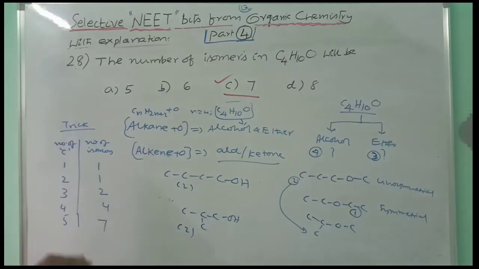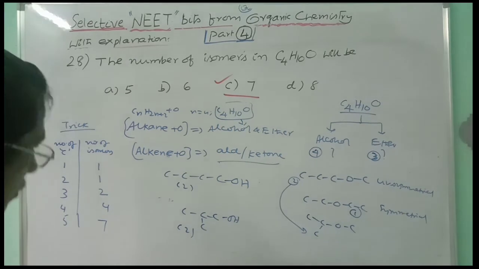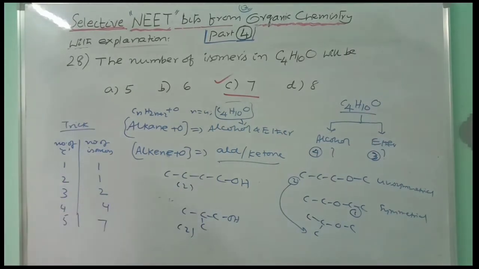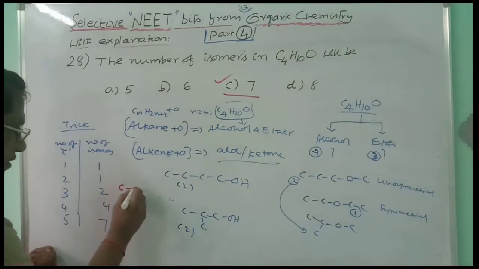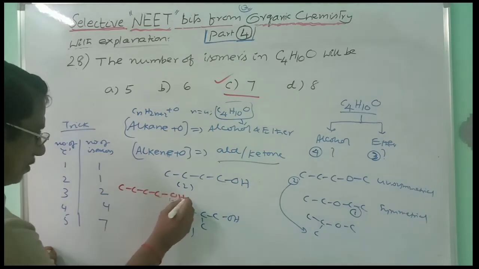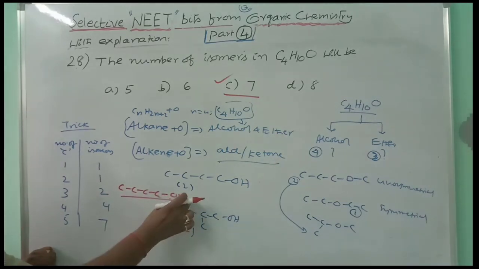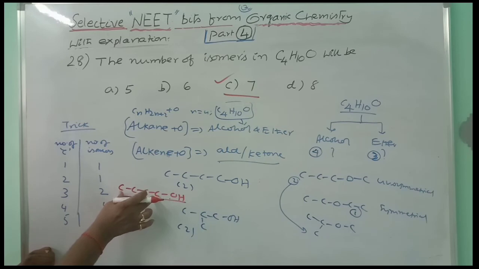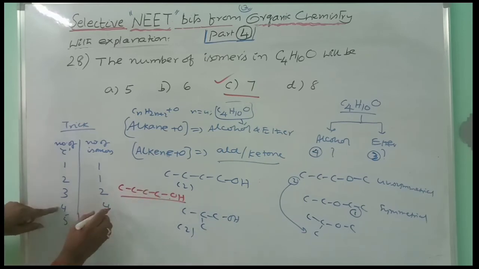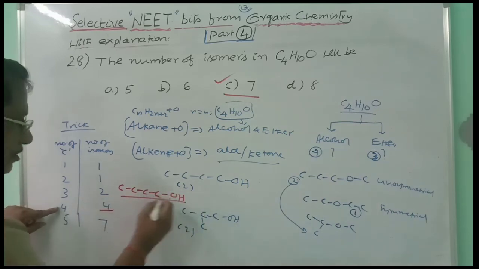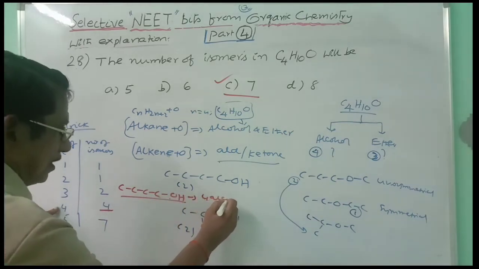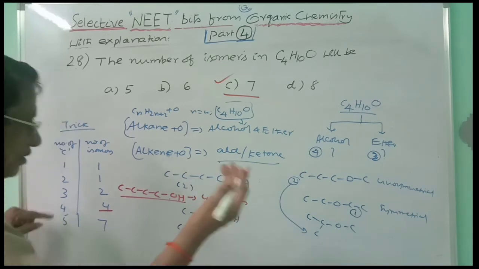This is the number of isomers that will be obtained when the functional group is attached to a carbon chain. If you take alcohol, alcohol means CCCC-OH. This OH group is carrying this chain, and there are 4 carbons here. When there are 4 carbons, how many isomers are possible? 4. And therefore there are 4 alcohols. This is the clue, this is the trick.